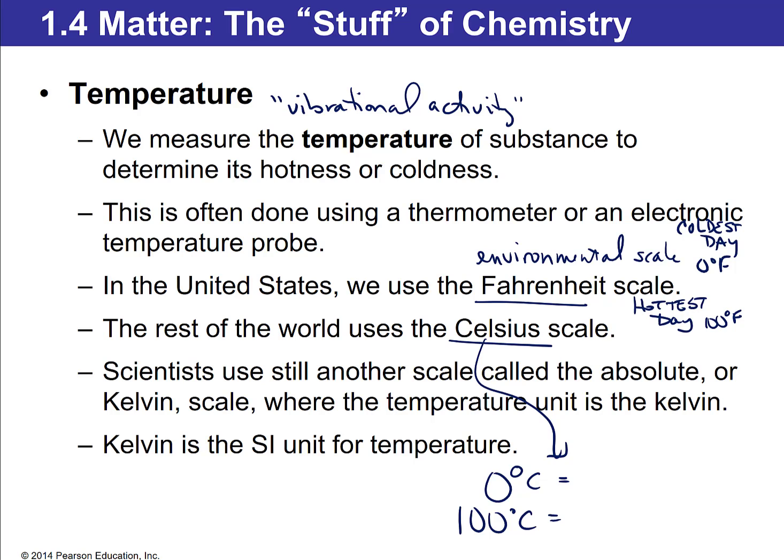That is the temperature at which water boils. So this is the boiling point of water. 0 degrees is the freezing point of water. So it's the point where water freezes or water boils. So they went more with water as the standard reference compared to the environmental scale.